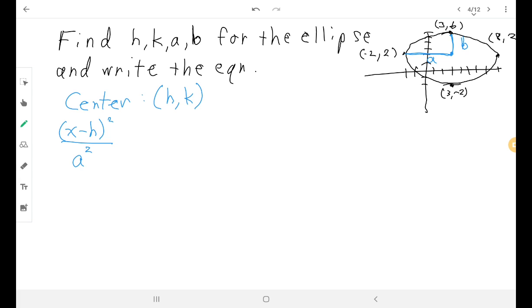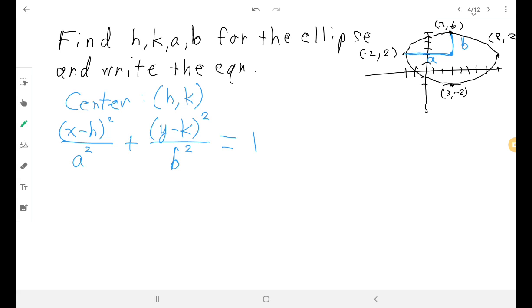But if it had been taller than it is wide, then the a would have gone under the y stuff because it travels in the y direction. So (x minus h) squared over a squared plus (y minus k) squared, where y and k always stay paired, over b squared. And again, it's b because the y direction happens to be the shorter of the two directions. And the equation of an ellipse always equals 1.